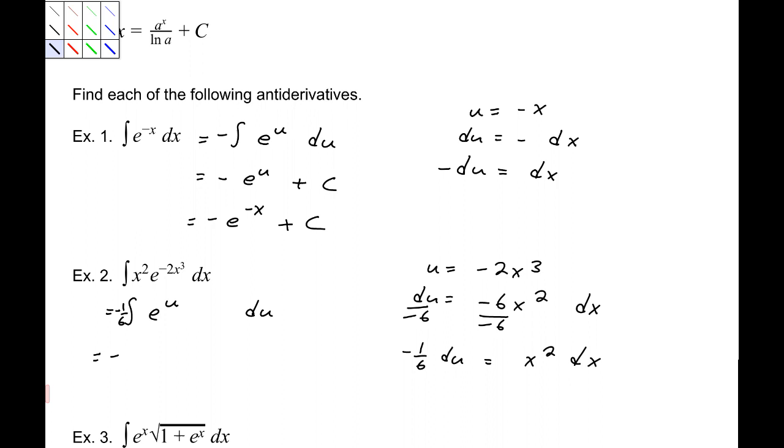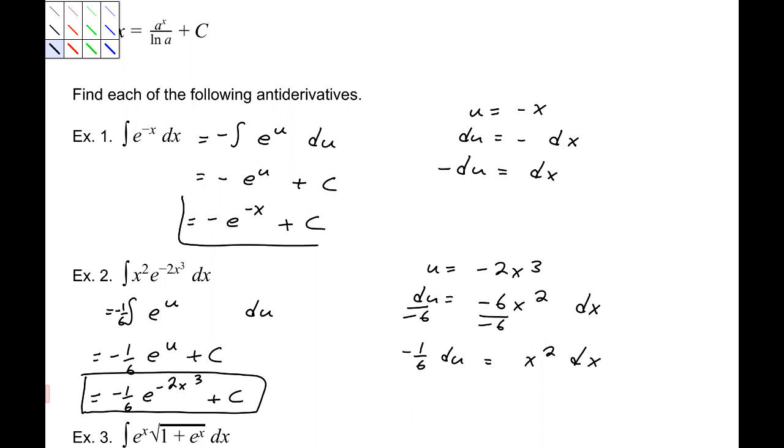The integral of that is negative 1/6 e to the u plus c. And if we reverse our u substitution, we get negative 1/6 e to the negative 2x cubed plus c. And that's it.